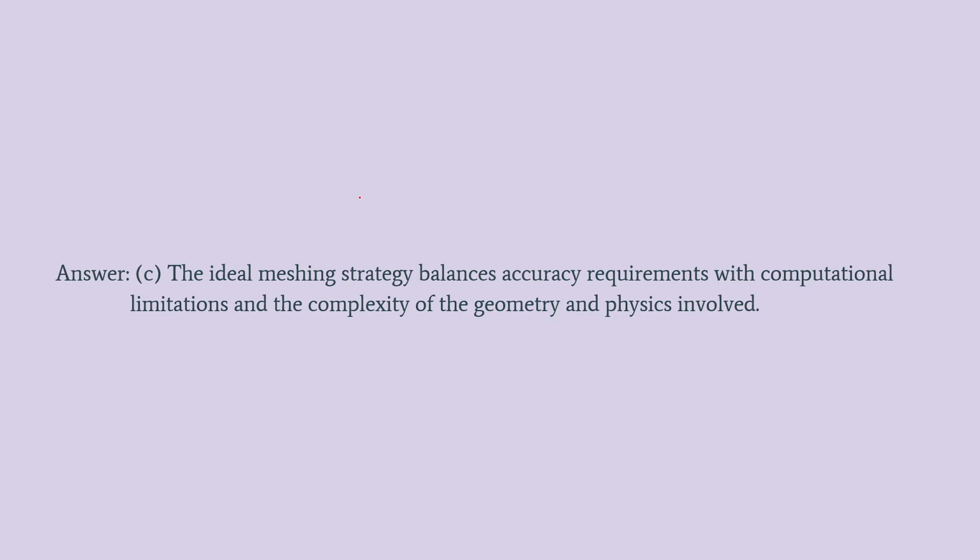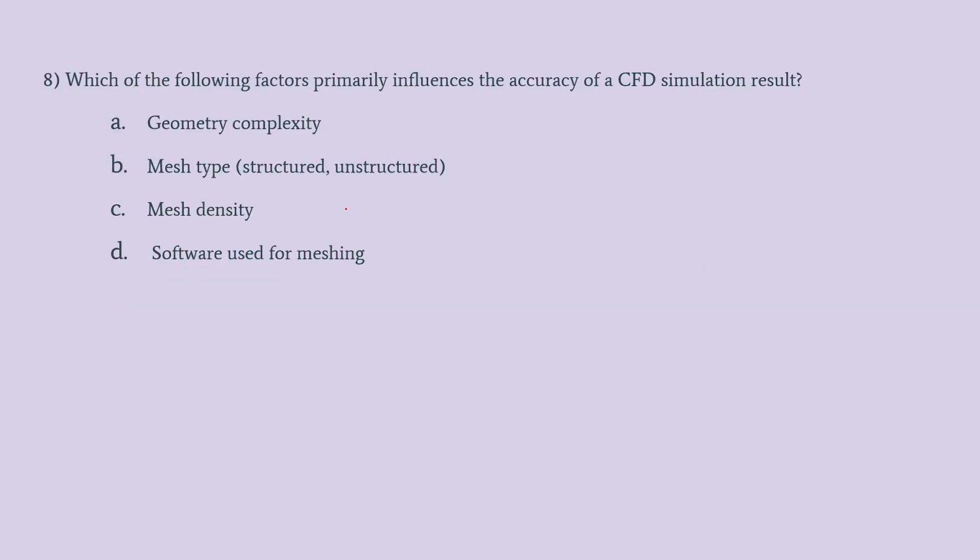Next question. Which of the following factors primarily influences the accuracy of a CFD simulation result? Option A, geometry complexity. Option B, mesh type.